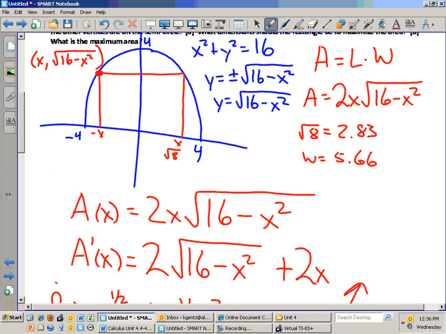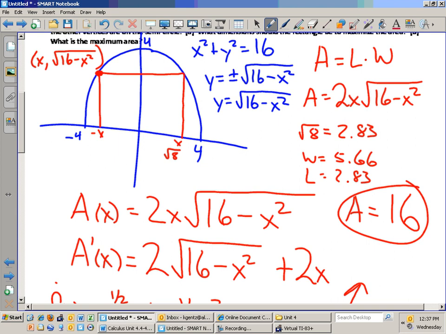If you plug this back into y, you actually get 2.83 again. If you plug 2.83 into x to get y, that's your height. And the area is actually 16. Well, you sure can do that.